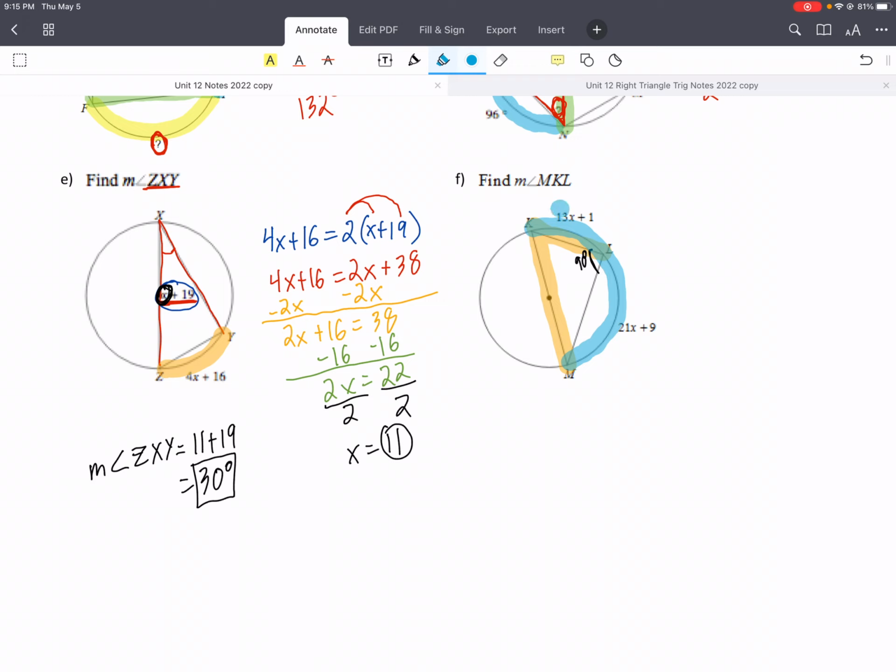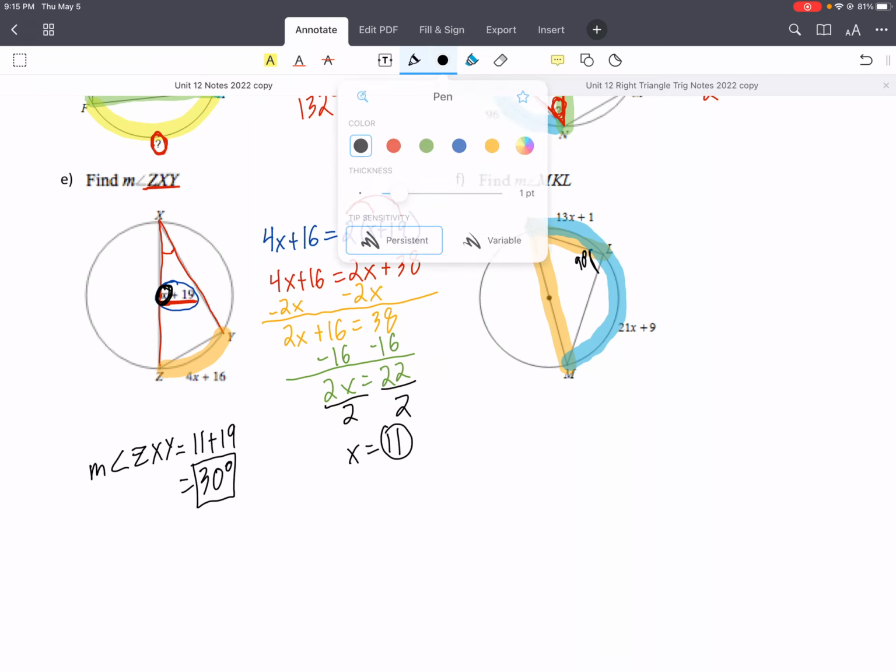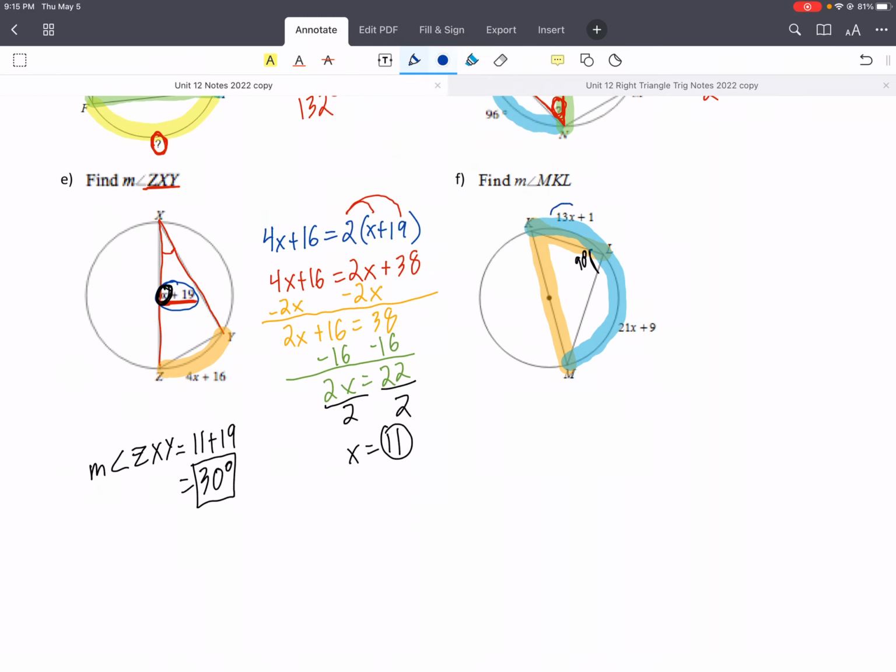So what we can do is take 13x plus 1 and 21x plus 9 and add those together, and that's going to be equal to 180 degrees.